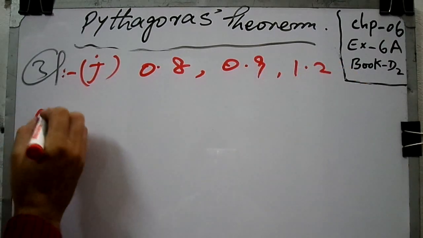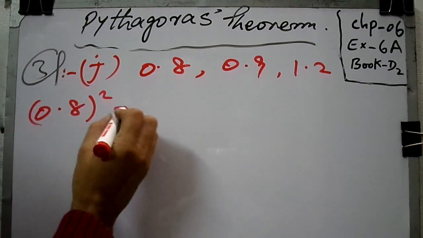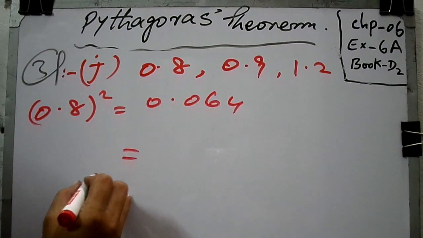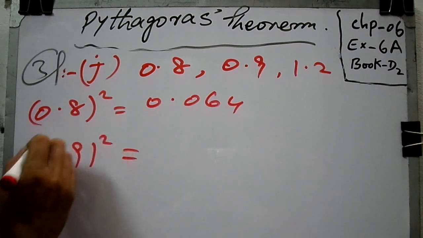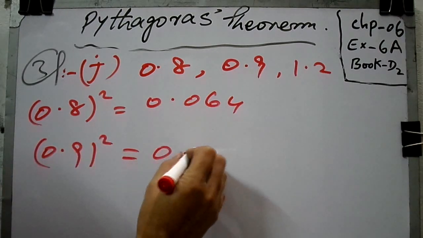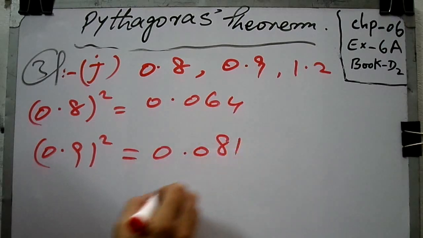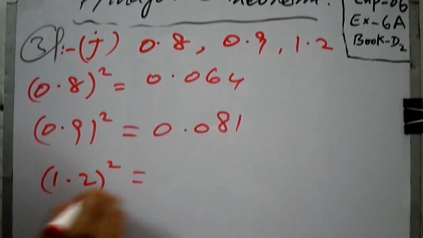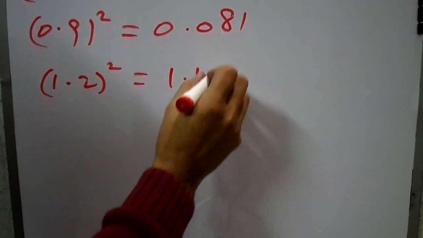So 0.8 taking square, you will get 0.64, 0.9 whole square, you will get 0.81, and 1.2 whole square you will get 1.44.